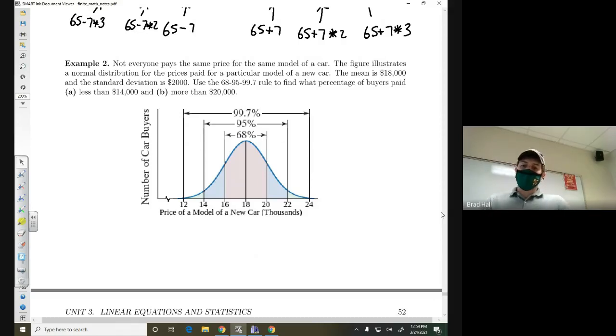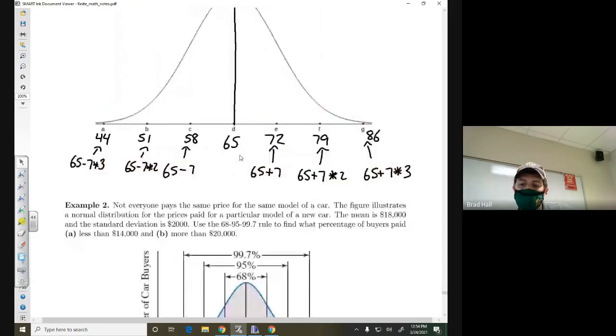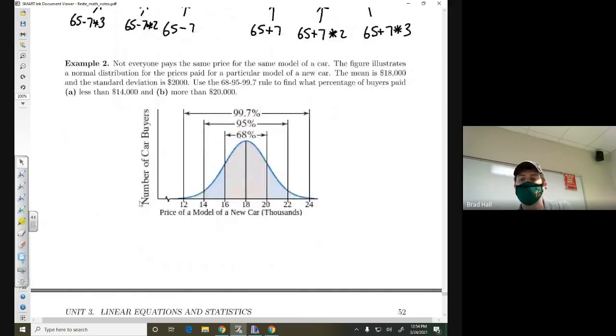And so here they have the prices of a new car, and it's normally distributed. So they're pretty much taking the information that was above, and writing down just some concise information about it. So they're giving you this chart in the problem.